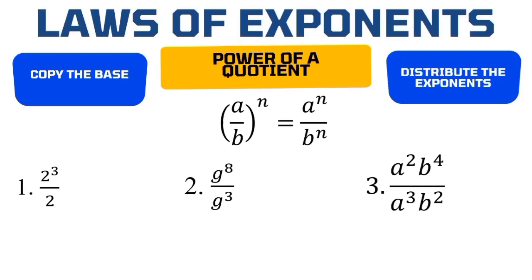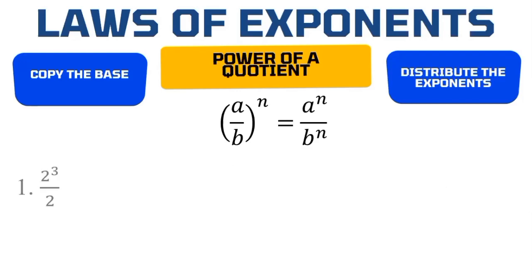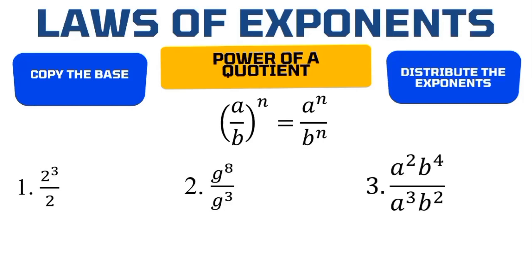So, let me give you one that is not here. Let's disregard what is written here. For example, I have 3 over 4 raised to 2. So therefore, this is 3 squared over 4 squared, or 9 over 16.